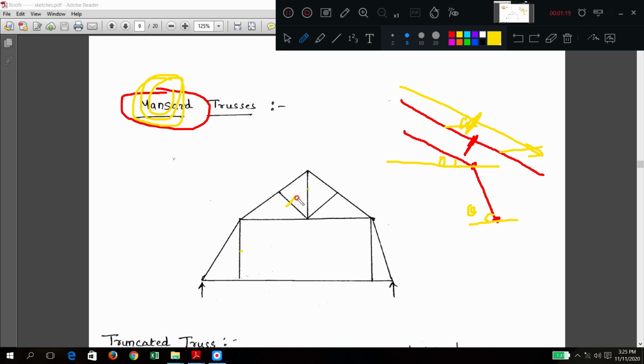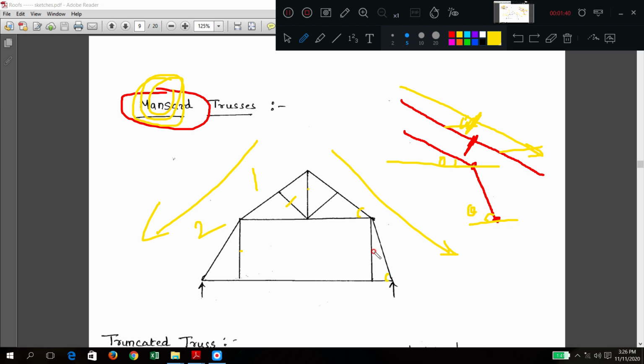By the word mansard itself you can understand that it is broken into two slopes. In the same direction you have two slopes. In this direction you have two types of slopes, and in this direction also two types of slopes. So here one is theta, here the second theta. These two are changed.